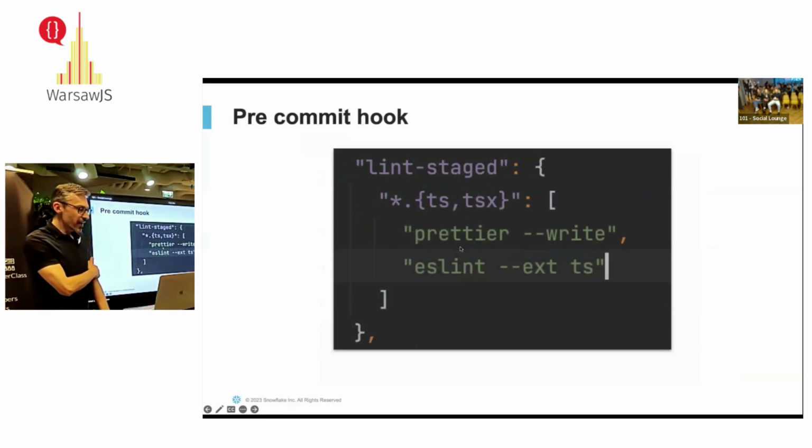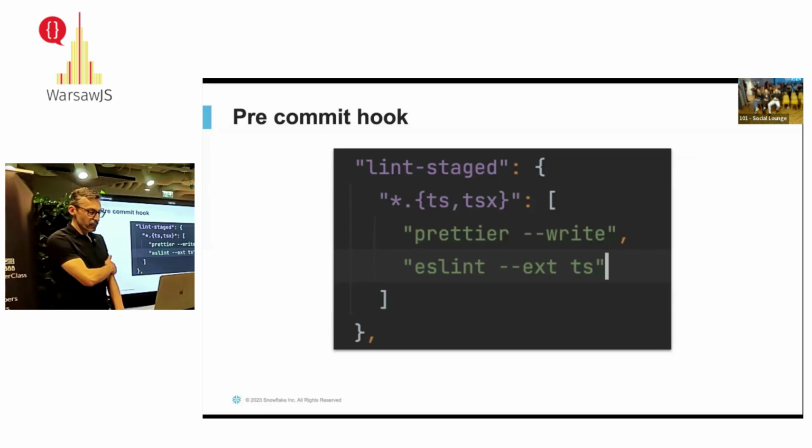If we have ESLint set up in our project, what can we do with it? Apart from showing errors or warnings while we code in our IDE, we can connect it with our continuous integration pipeline to check that we don't have any errors or warnings.